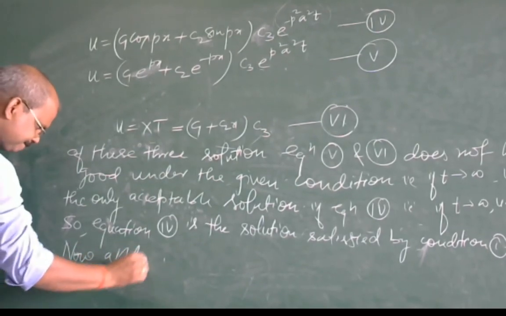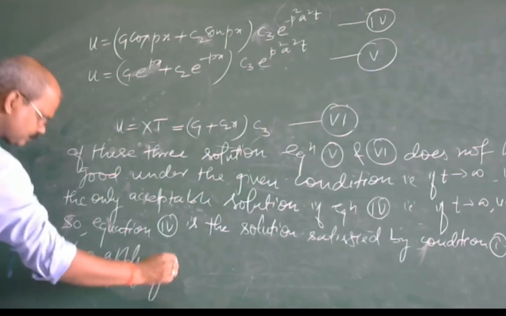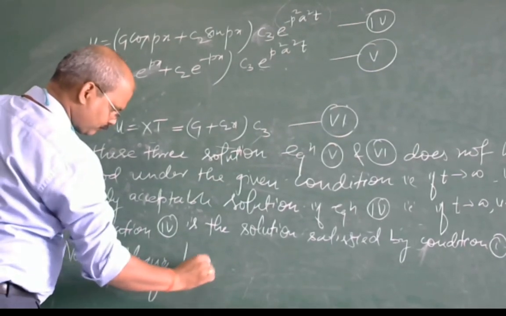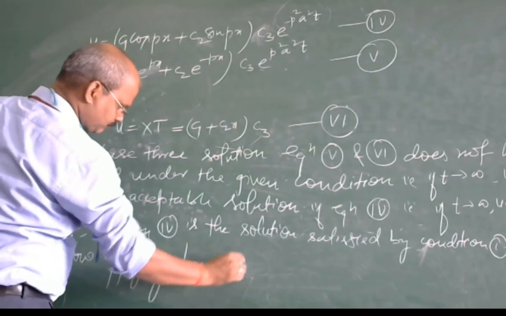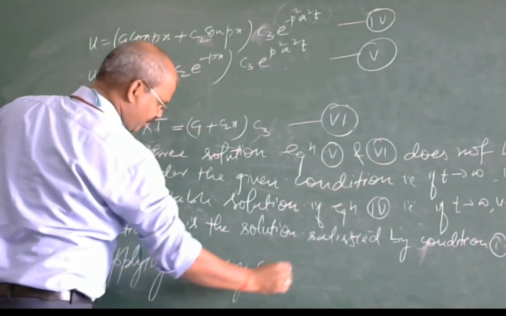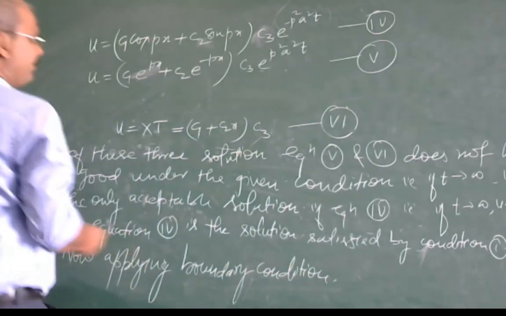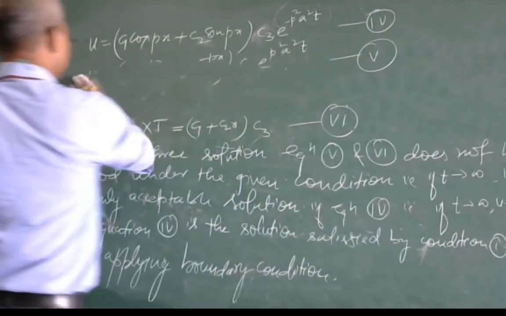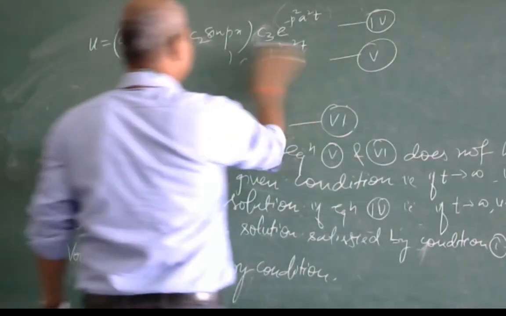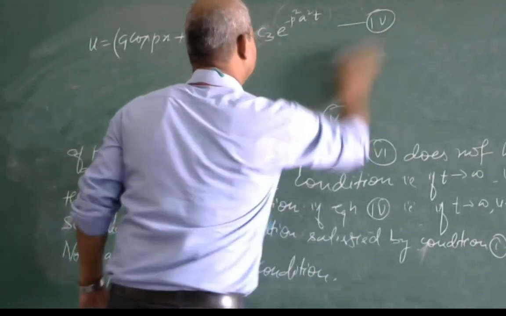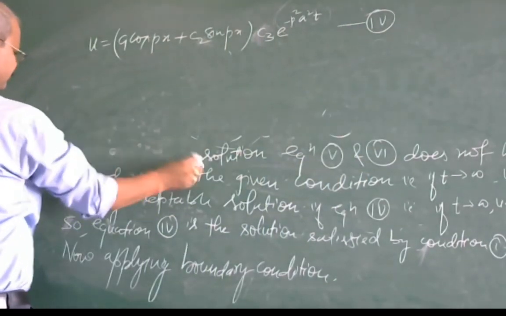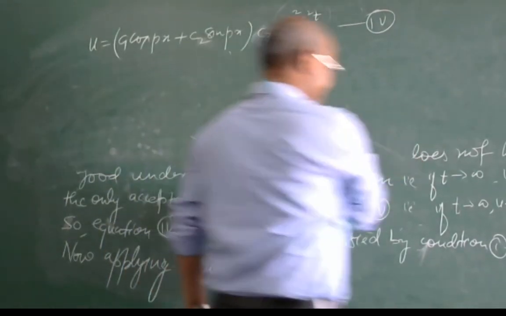Now applying boundary condition, as you know the second condition. Even here, if x is equal to 0, u is 0.